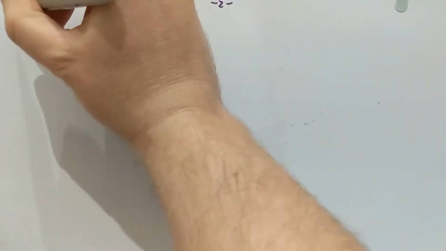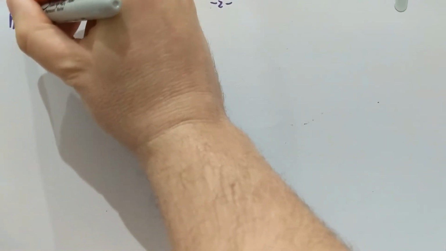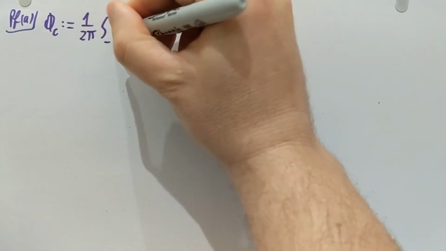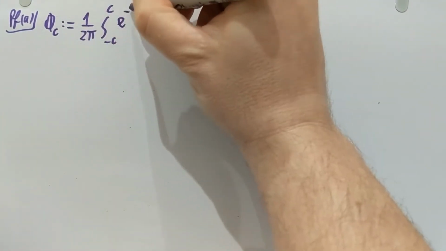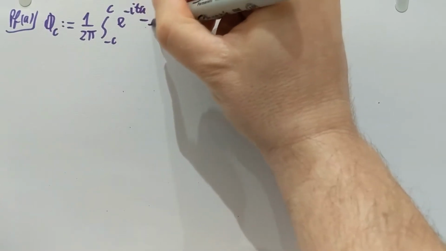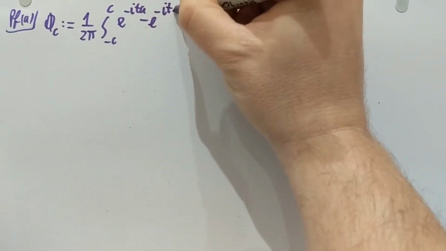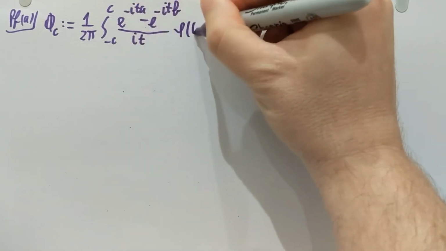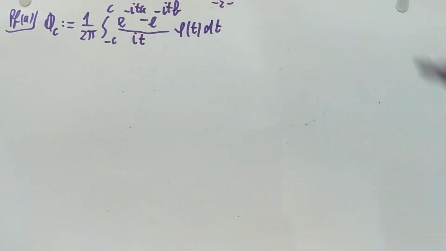So proof of part A first. I'm going to start off with defining the following function of c, 1 over 2 pi, integrate from minus c to c, e to the minus ita minus e to the minus itb divided by it times the characteristic function dt.